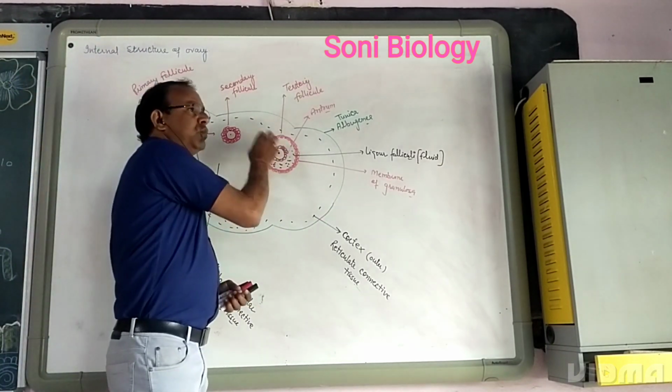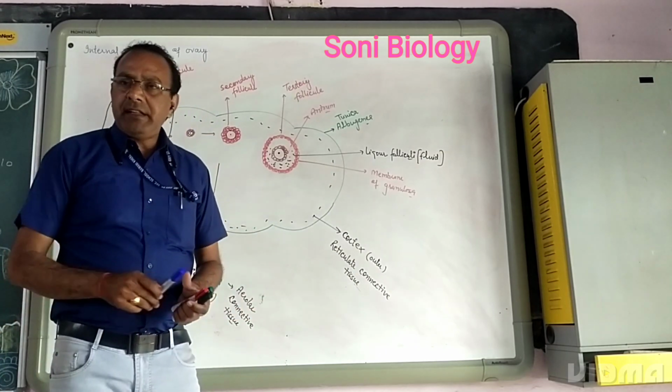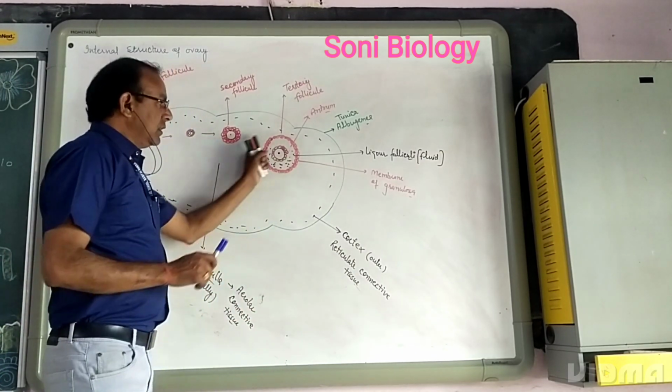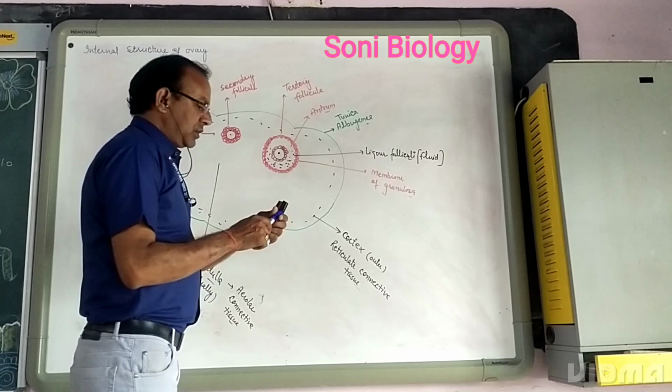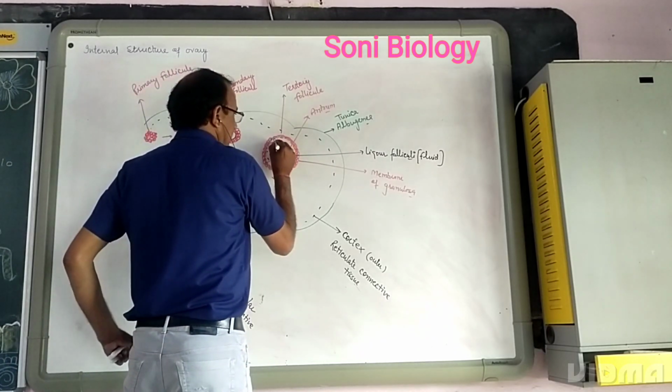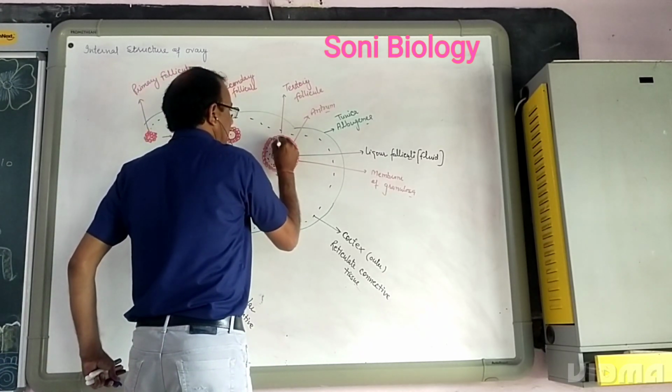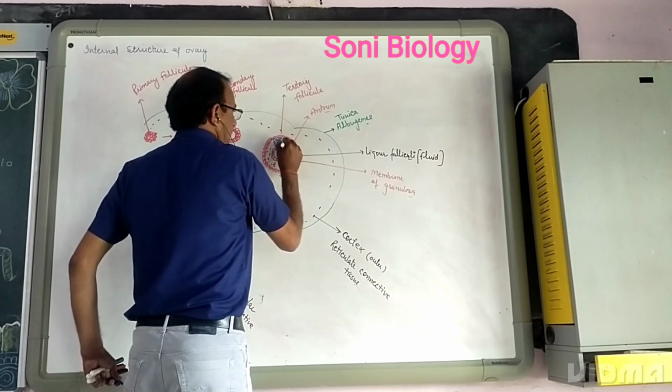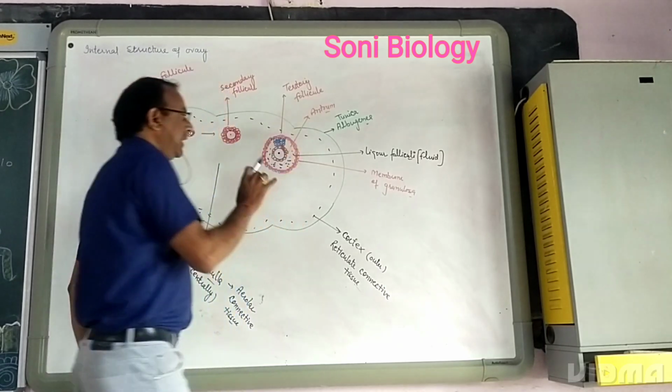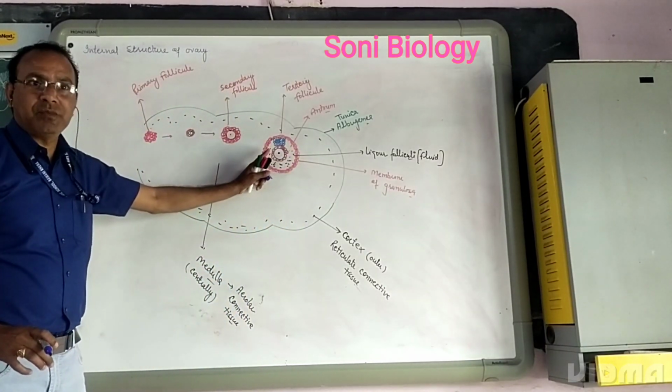The secondary oocyte remains suspended, attached to the membrana granulosa, not floating. It remains suspended towards one side.